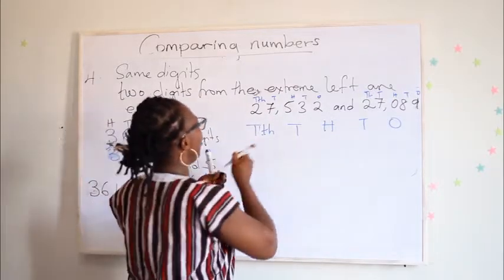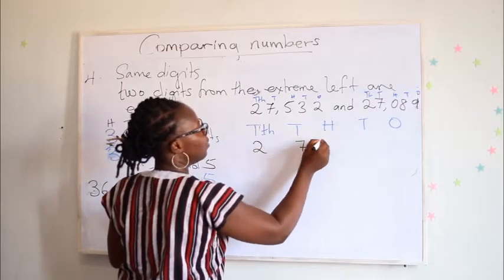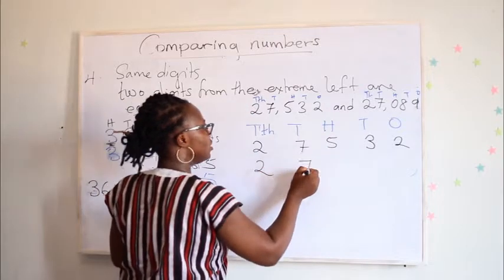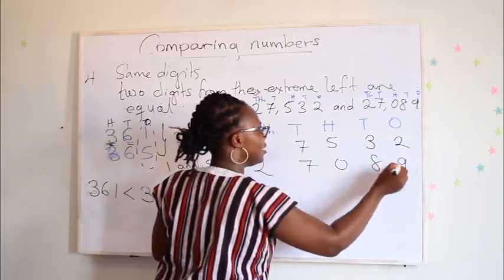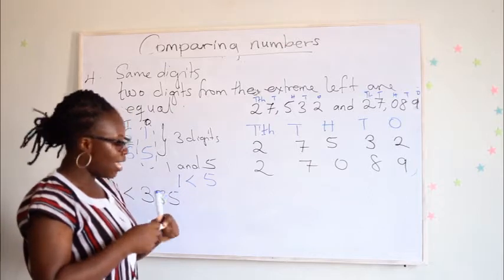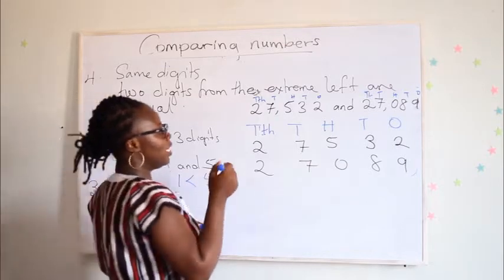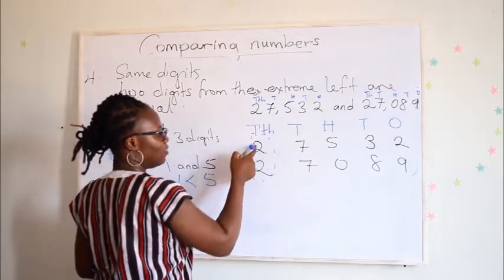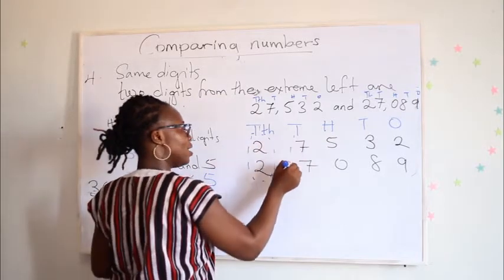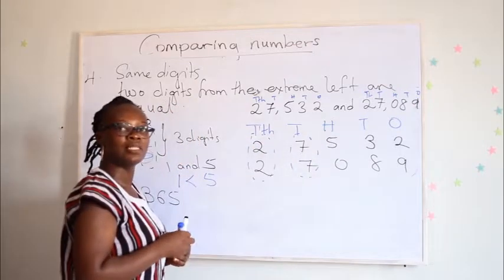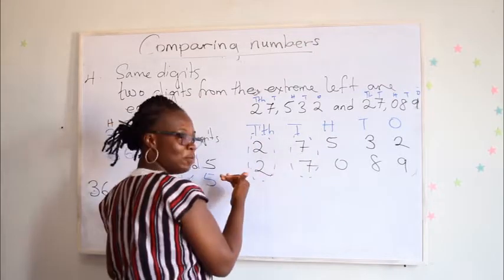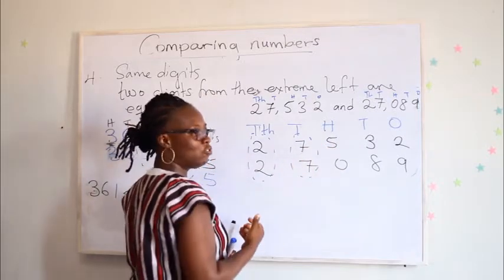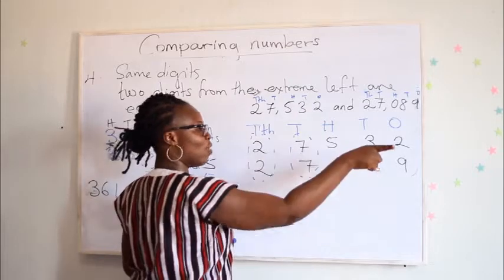So what do we have? 27532. Then I have 27089. You realize that the two digits from the extreme left, they are equal. So this is your extreme left, this is equal to that, this is also what? Equal to that. So if you have something like this, what will we say? Then we're checking the next one, which is the third from the extreme left. All the two from the left are equal.